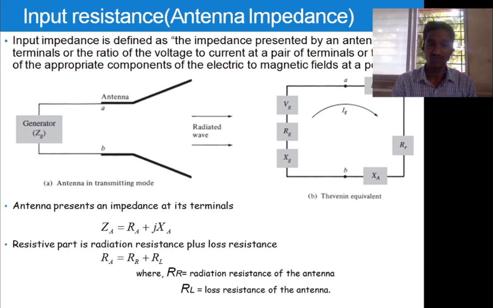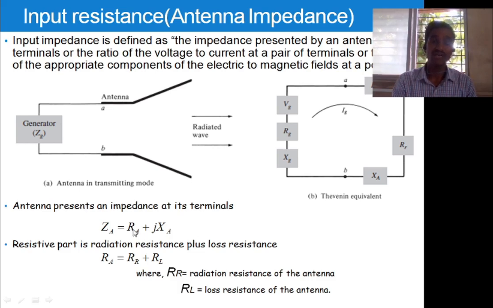If you take a straight wire, there may be a number of inductors present in series in the wire, and there may be some parallel capacitors present, and because of this inductor and capacitor there is some reactance created, and this is represented as a complex impedance.